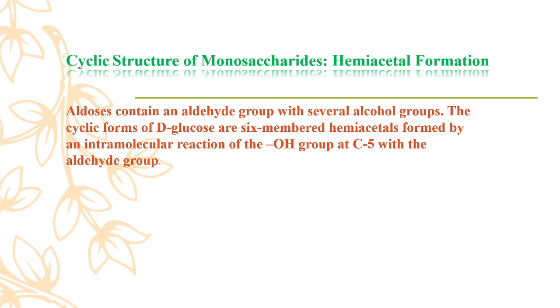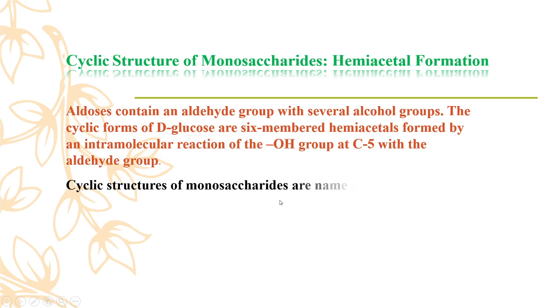The lone pair of the OH on the fifth carbon atom can attack this carbonyl carbon of the aldehyde functionality. Then there is a formation of a 6-member hemiacetal, due to the intramolecular reaction.